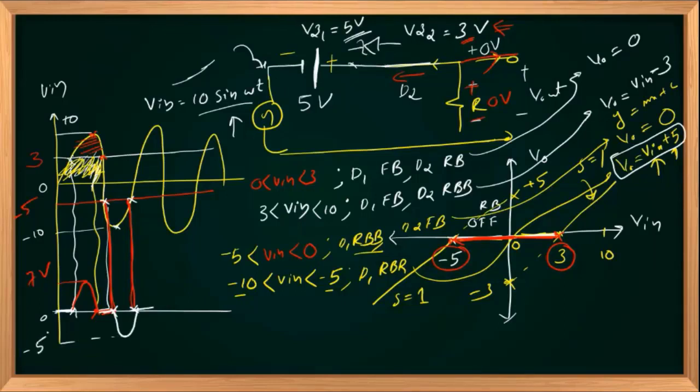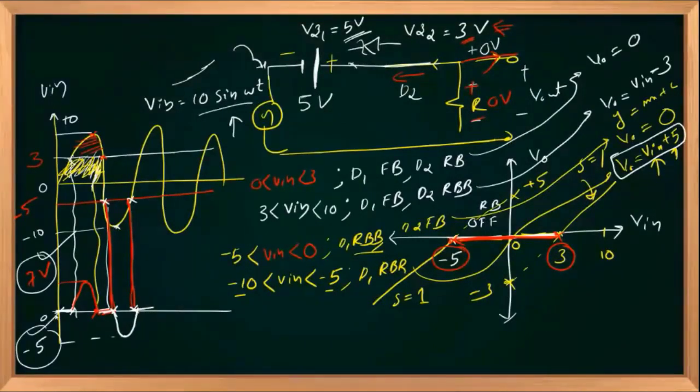So in this example, output is between +7 and -5. So maximum value of the output is +7 volts, minimum value is -5 volts.